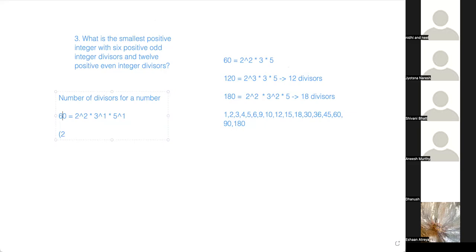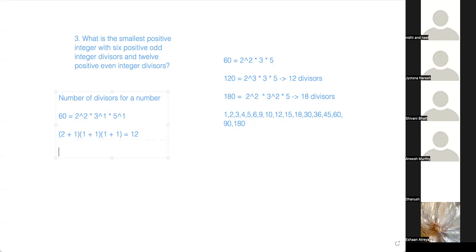So in this case, it's 2 to the power 2 and add 1 to it. And 3's exponent is 1, add 1 to it. And 5's exponent is 1, let's add 1 to it. And multiply these together. So what do you get here? 12. Okay.